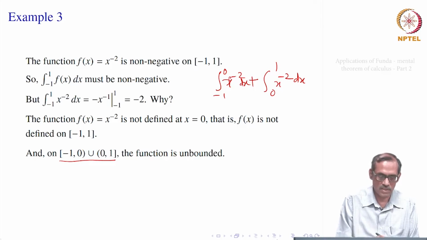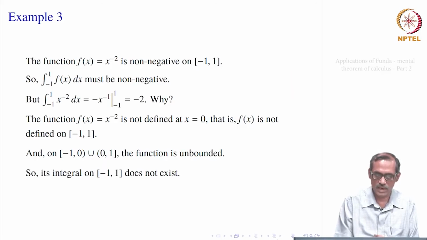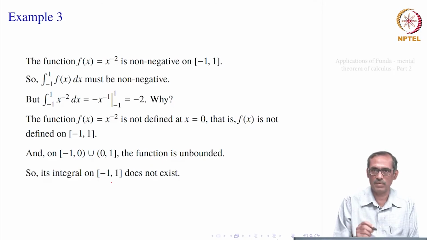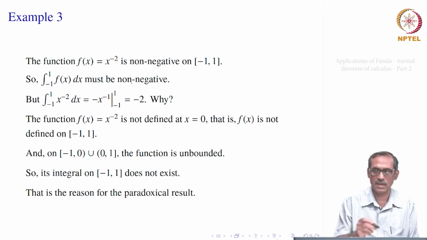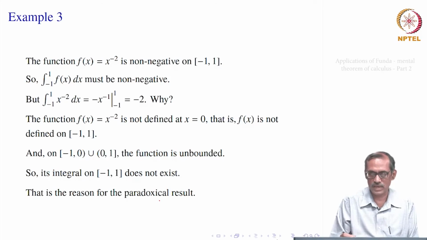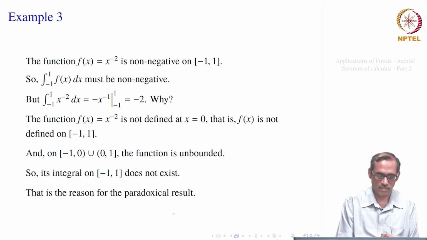That means its integral does not exist, right. If it is unbounded, we have defined integrals only for bounded functions. So, since the integrand is unbounded, this integral does not exist, and that is the reason for this paradoxical result. You can manipulate in many ways to get different results also, right, because the integral does not exist.